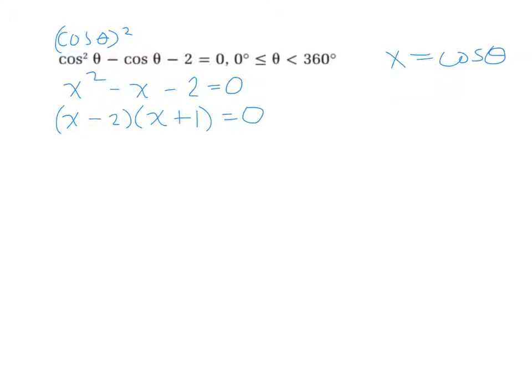So from there, then we have x equals 2 and x equals negative 1. Which means cosine theta equals 2 and cosine theta equals negative 1. So we have actually two equations to solve here.